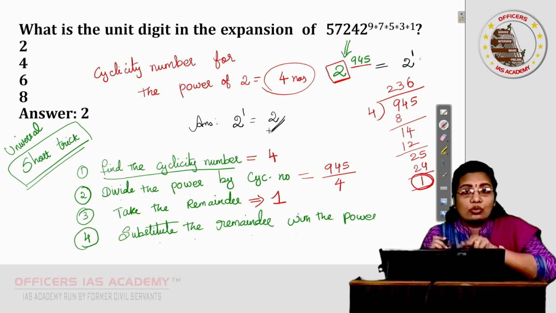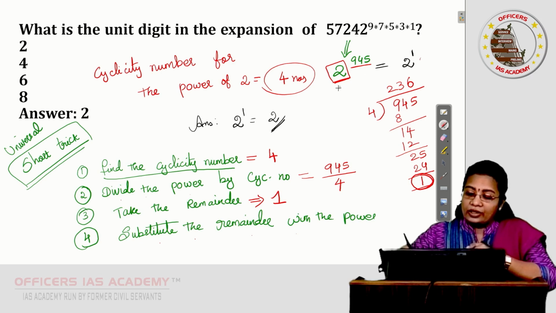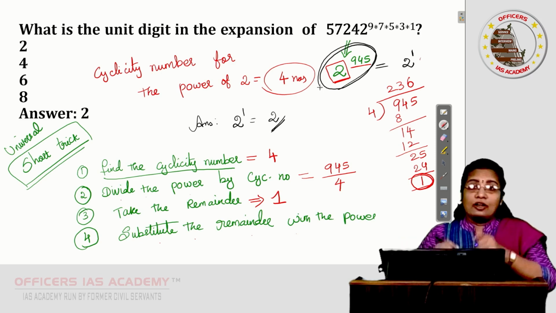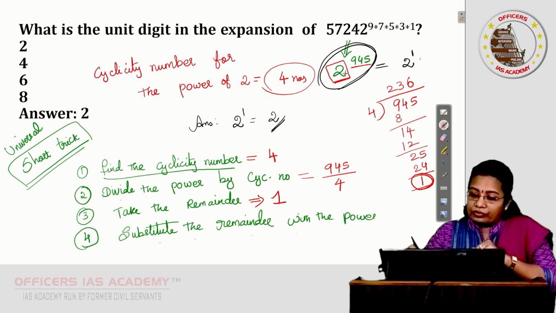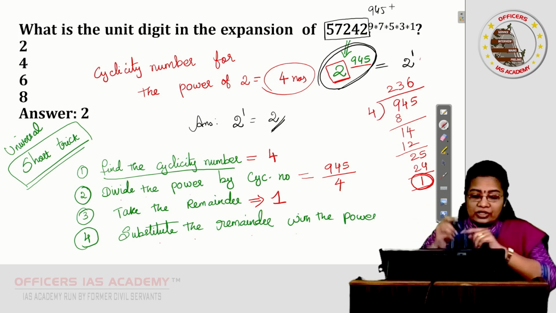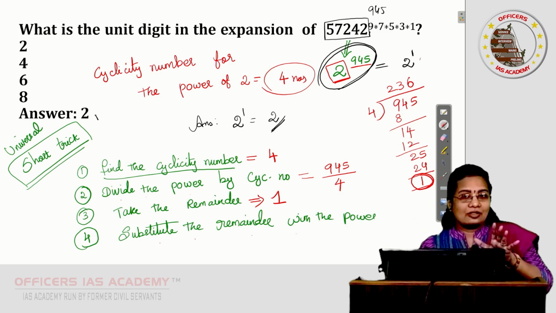So this is the unit digit of 2 power 1. Not only 2 power 1, it is also the unit digit of 2 power 945. Not only 2 power 945, it is also the unit digit of the given question 57,242 power 945. The unit digit is 2.